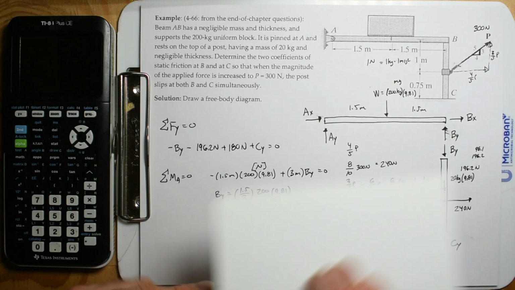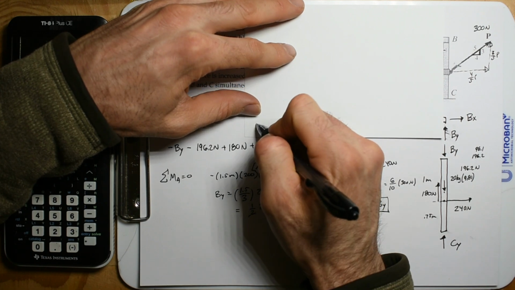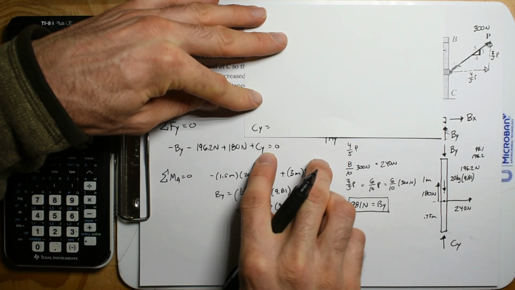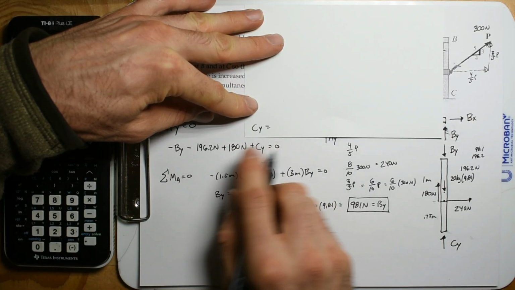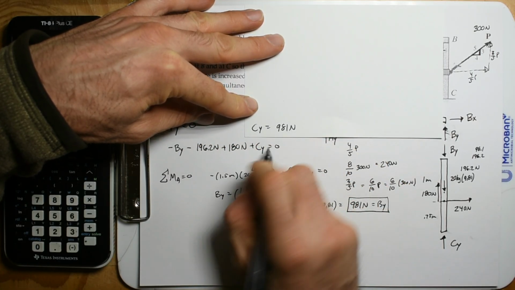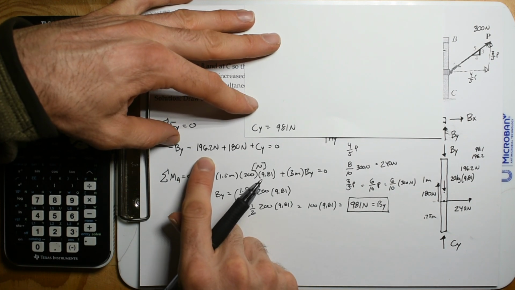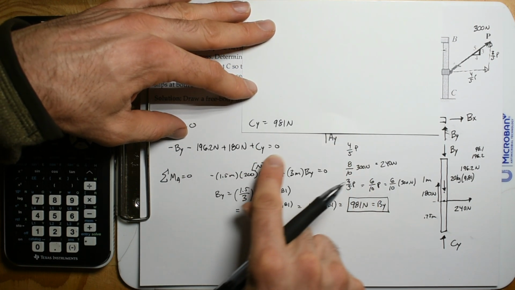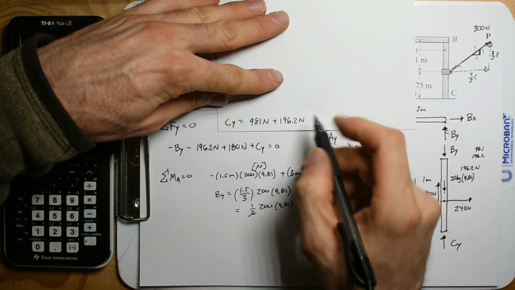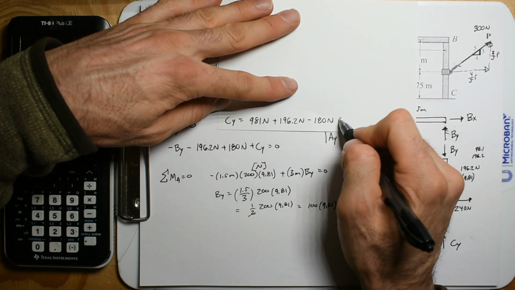Alright, and then we're just going to come up here, and we're going to solve for CY. So CY is getting this stuff to the other side. We're going to have a positive BY, so we're going to have 981 newtons. And then we're going to subtract, and then this is going to be positive on the other side, plus 196.2 newtons, minus 180 newtons, and that's going to be CY.